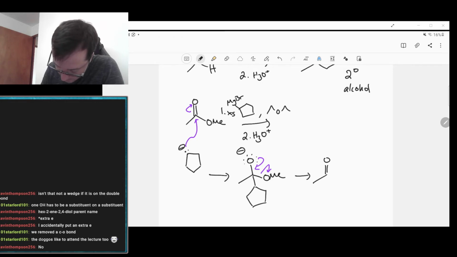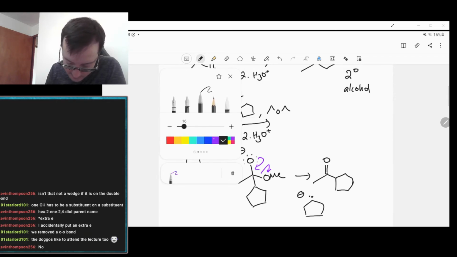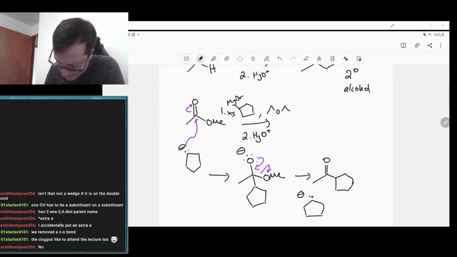And so now we have a ketone, and now again a second one of these lovely cyclopentyl anions will come in, and we'll have the second attack happen.